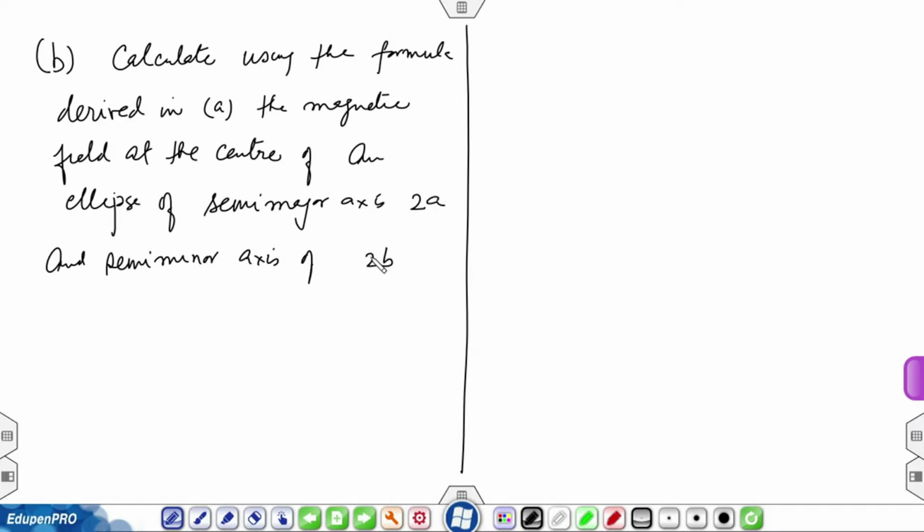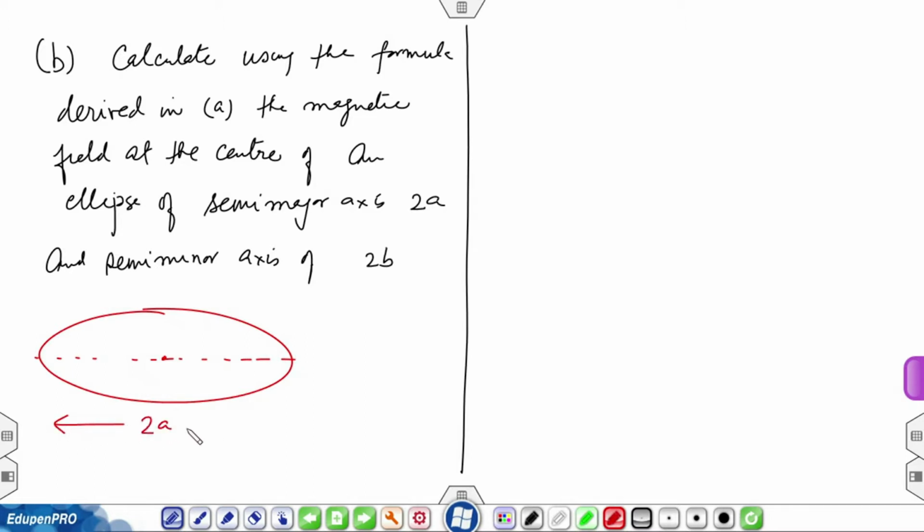So, what we want to do is now calculate the field at the center of an ellipse which has semi-major axis 2a and semi-minor axis 2b. Using polar coordinates, this would be phi.